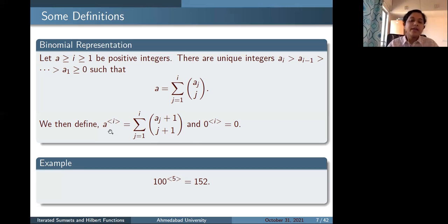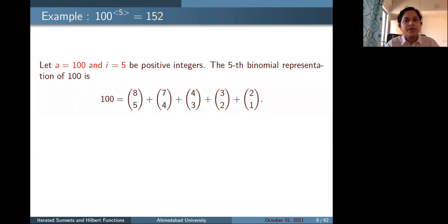If we take a to be equal to 0, we take its value to be equal to 0. As one example, I'm taking a to be equal to 100, and I'm taking i to be equal to 5. One can see that its value will be 152. Now, how am I doing it here? So I have a equal to 100 and i equal to 5.